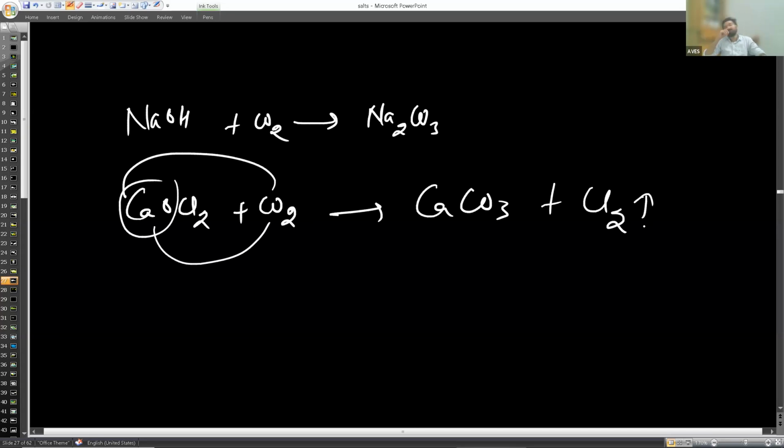So the elimination of chlorine gas is only possible when you keep the bleaching powder in open air. So bleaching powder should be kept in an airtight container. The question comes in examination: why should bleaching powder be kept in an airtight container? Because if you keep it in open air, it will react with atmospheric carbon dioxide and form calcium carbonate.